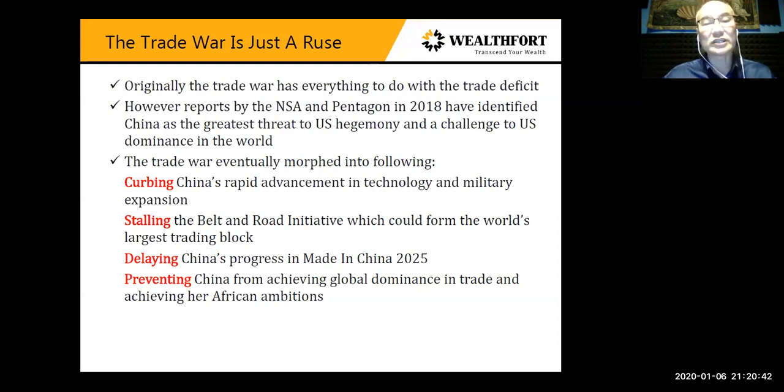Now that actually irked the US government, and that is why the trade negotiation morphed into a lot of things to do with IP, okay, and also restricting China's access to technology, because all this aims to delay China's progress in Made in China 2025. And the other thing is preventing China from achieving global dominance in trade and achieving her African ambitions.